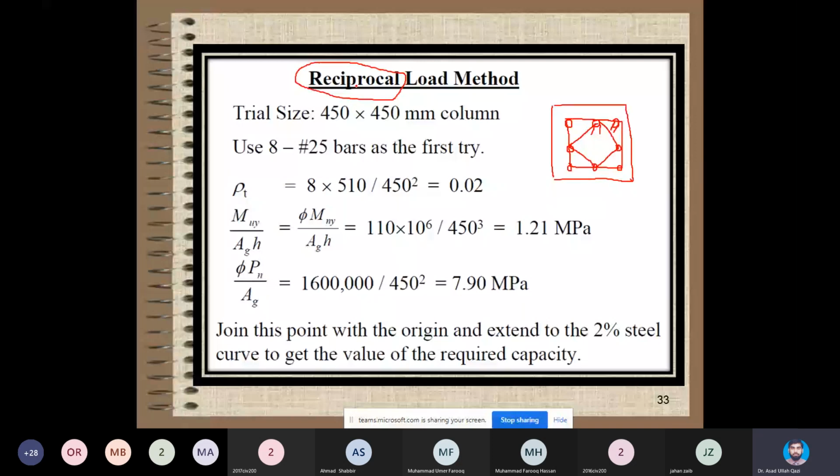So you need to be a little judgmental based on your experience that what size you should select to start your design.